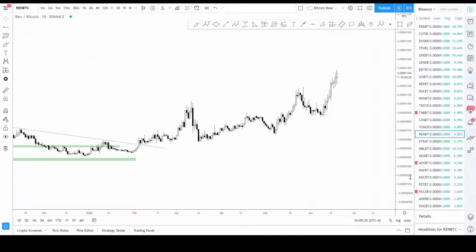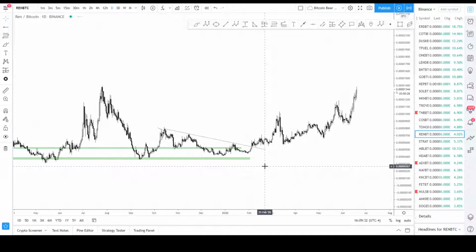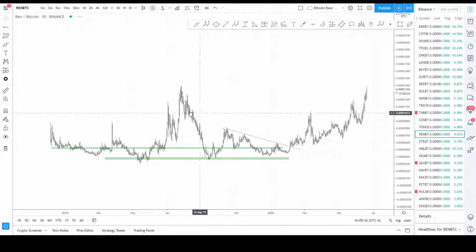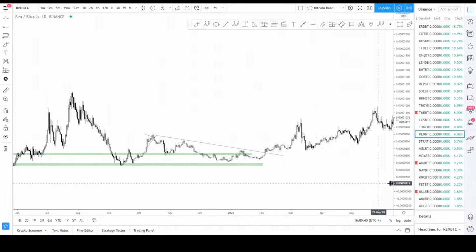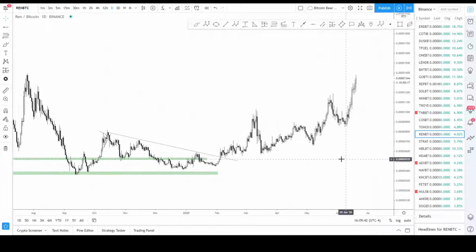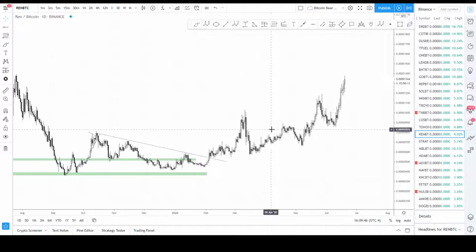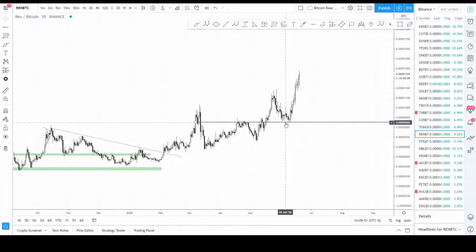REN, this is another one of those coins listed on Coinbase custody, similar to Lend. Less clear, but we have that diagonal structure. Typically runs with Ravencoin. Ravencoin's not really running. This was mostly on the Coinbase news, I believe. Not a super clear chart, but we did have a daily resistance zone here.